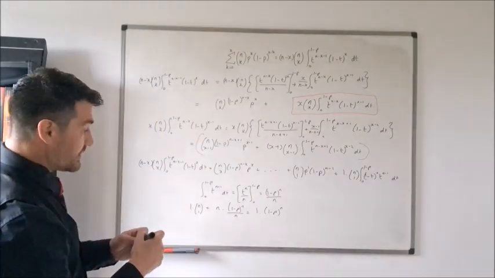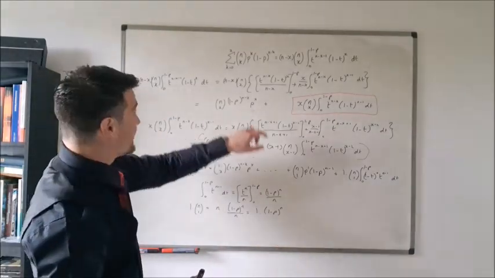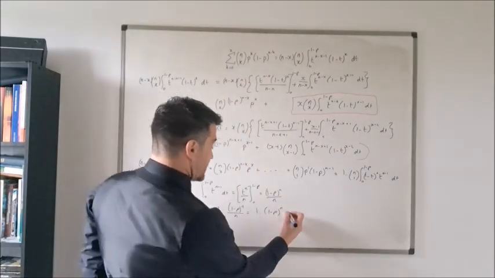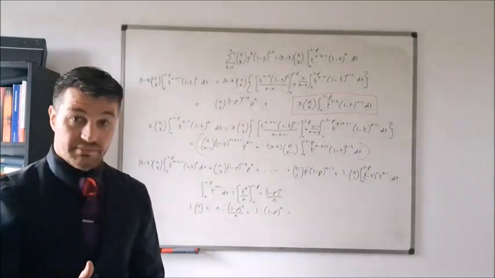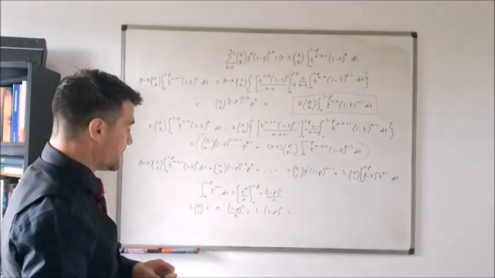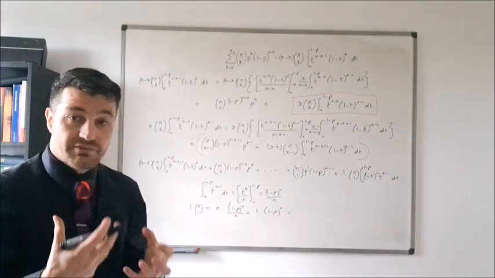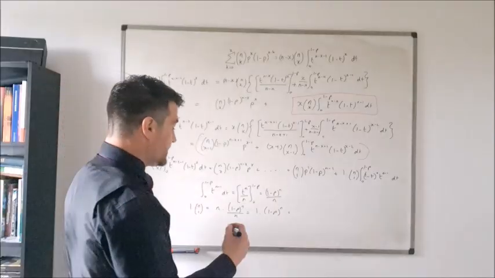And now I want to make this exactly of the right form. So I've got to fiddle things a little bit, obviously in a legitimate way. Whatever manipulations I make, they've got to be legitimate manipulations.